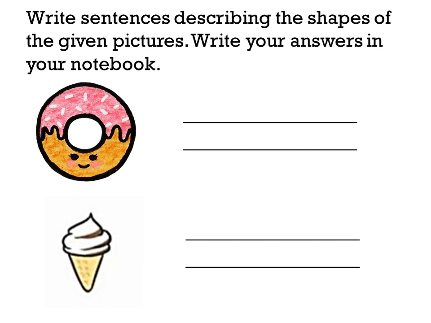Maybe you could start: The shape of the donut is blank. The second picture is an ice cream. What do you think is the shape of that ice cream? The shape of the ice cream is blank. If you're still copying or answering, just click the pause button, and if you're done, just click the play button.